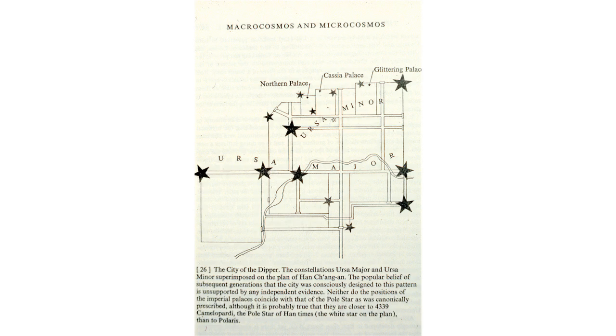Here's the city of the Dipper. The constellations Ursa Major and Ursa Minor superimposed on the plan of Han Dynasty Chang'an. The popular belief of subsequent generations that the city was consciously designed to this pattern is unsupported by any independent evidence, nor do the positions of the imperial palaces coincide with that of the pole star.